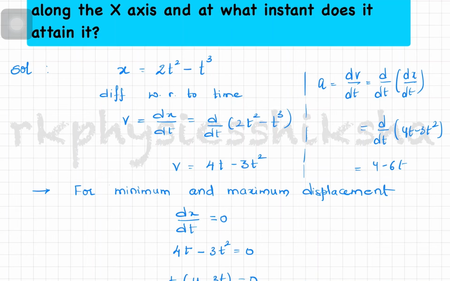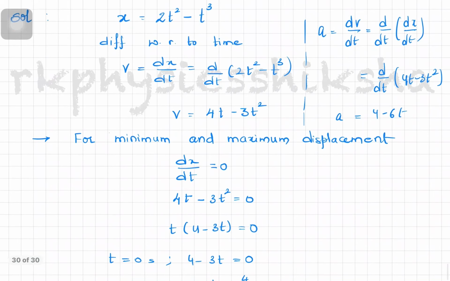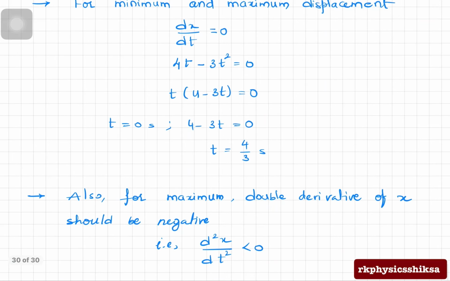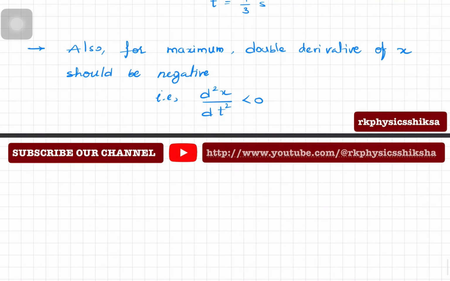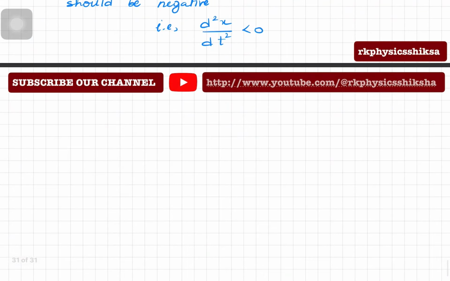So this double derivative gives us the acceleration, right? Double differentiation of the displacement should be less than 0, that is, it should be negative. So we have the relation 4 minus 6t, which should be less than 0.